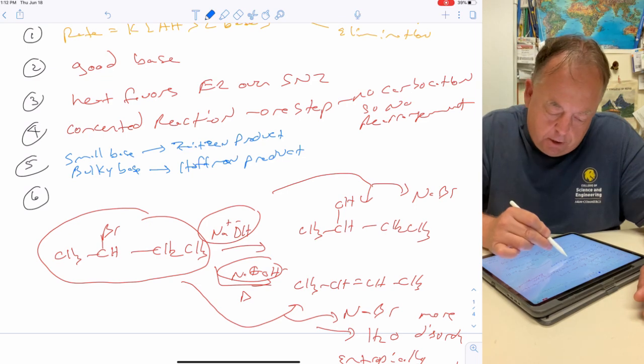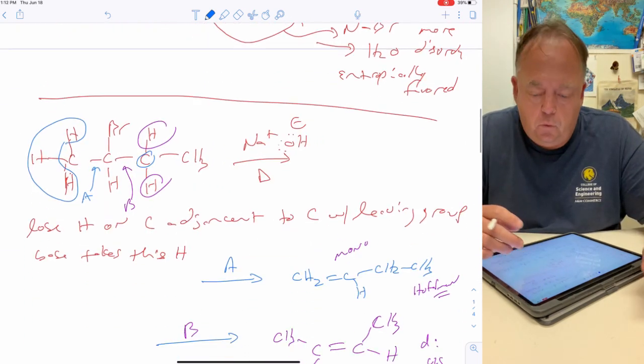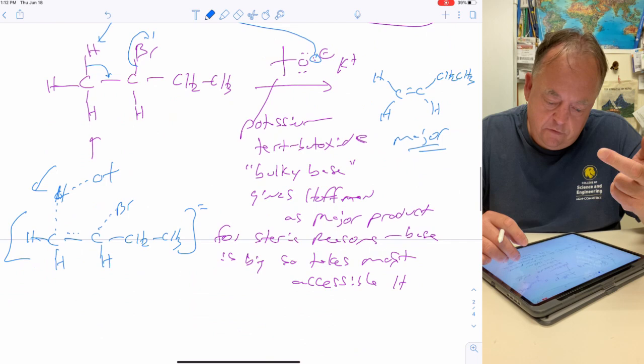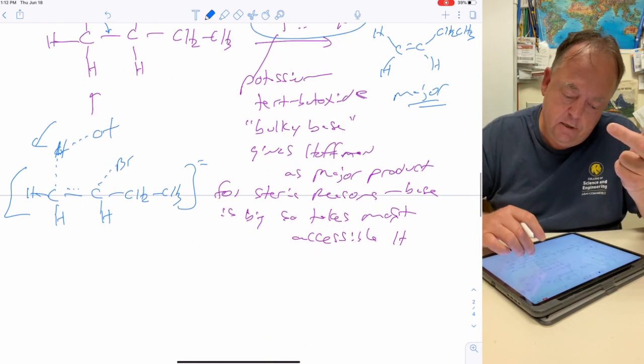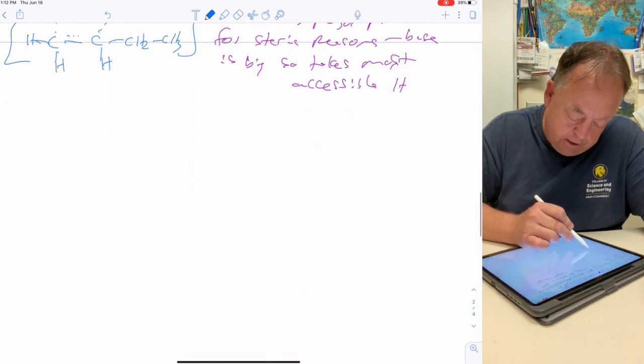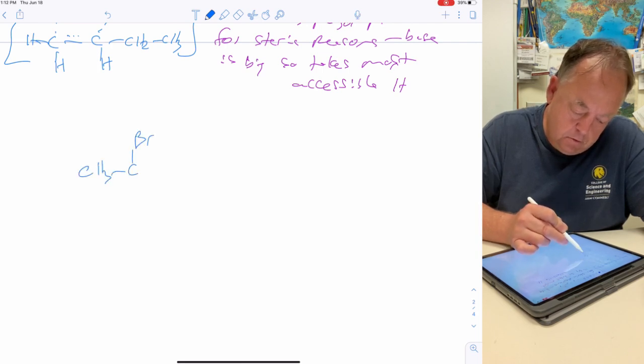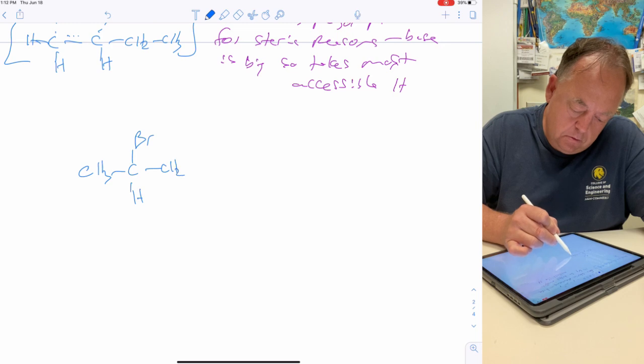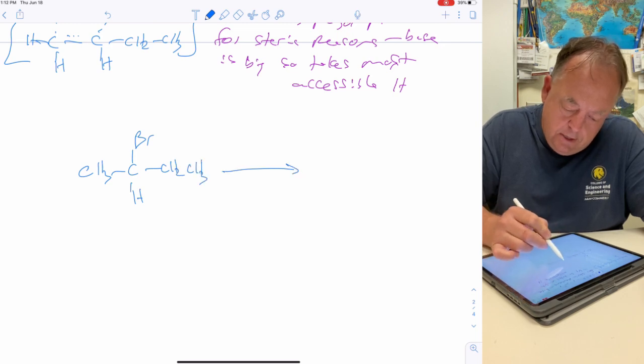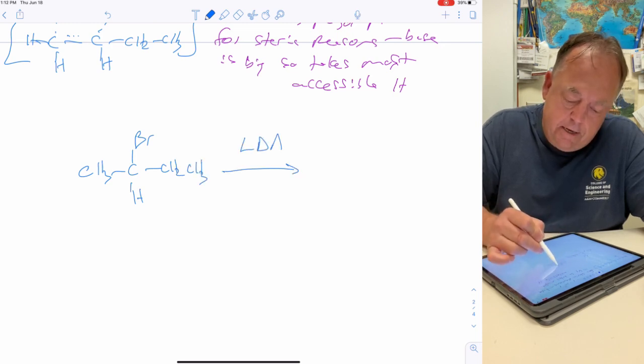Right, that's the major product. And so we'll only look at two bulky bases. So one of them will be the potassium tert-butoxide, and another bulky base that we will look at will be what's called LDA.